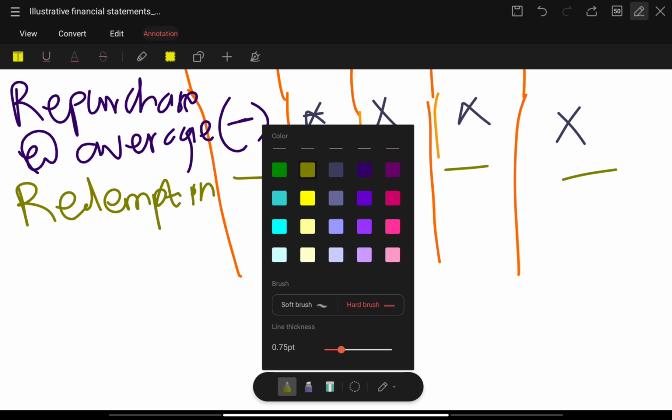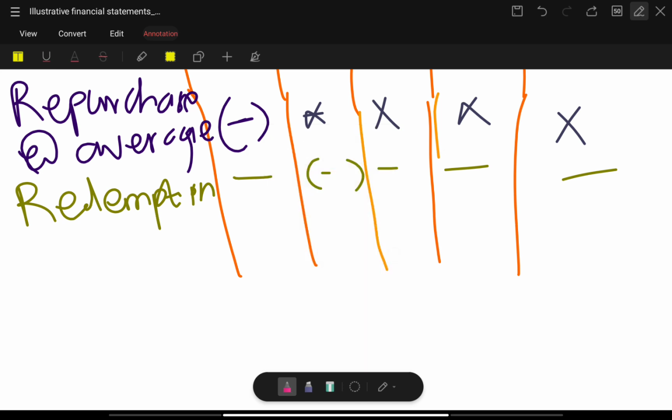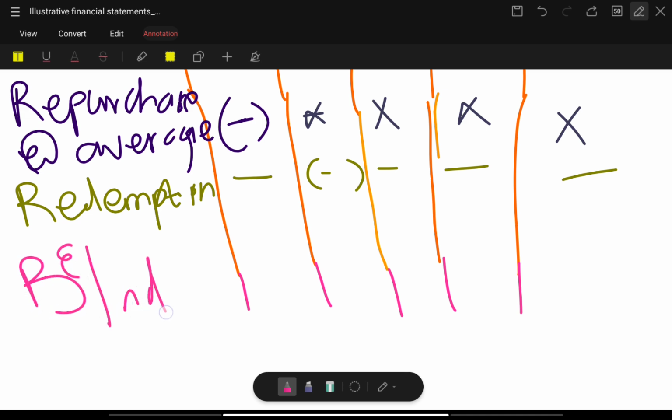Then the other one that you should know. I feel like everything that I've mentioned is what you should know for now, but there are a lot. You will have your balance at end.